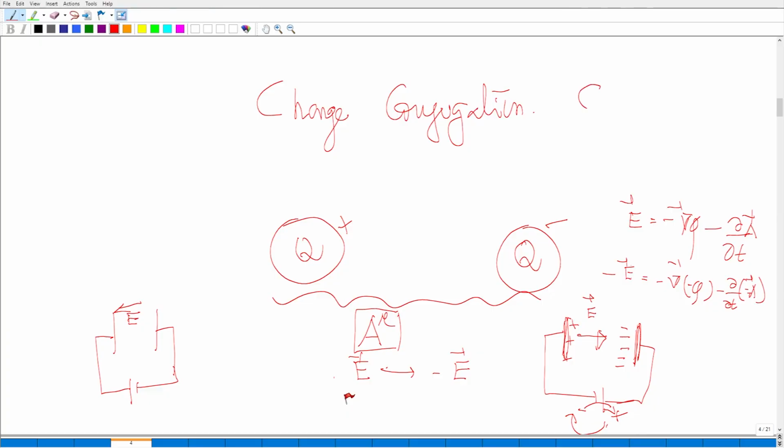I can push forward this argument to say that if I define the charge conjugation operation by C, then C A mu C inverse goes to minus A mu.